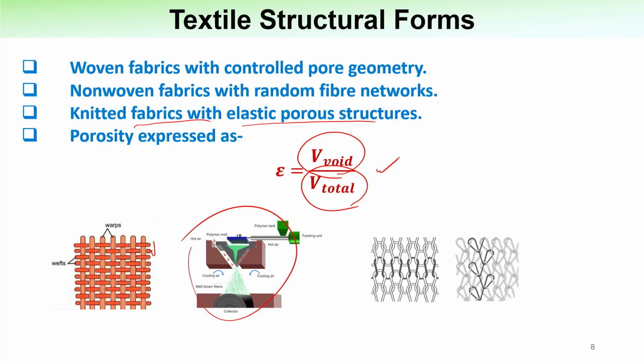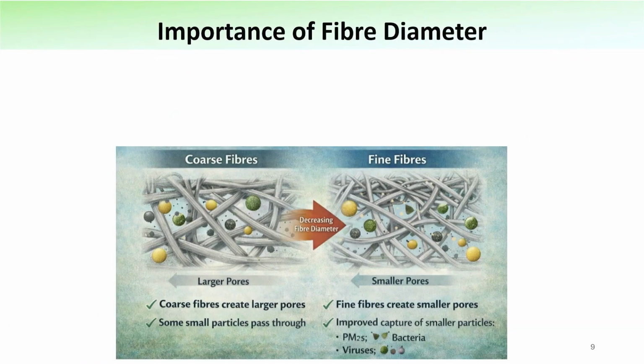We can control porosity by different parameters in any fabric, like in case of yarn we can control the porosity by changing the twist, and in case of a nonwoven structure like needle punch, if we increase the punch density we can change the porosity.